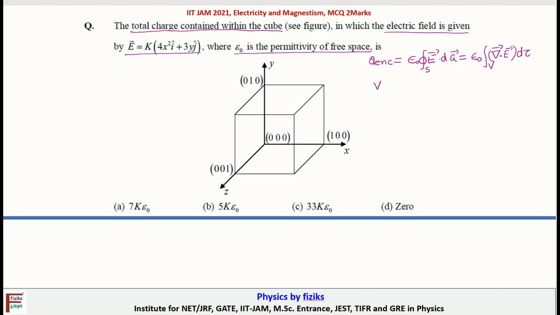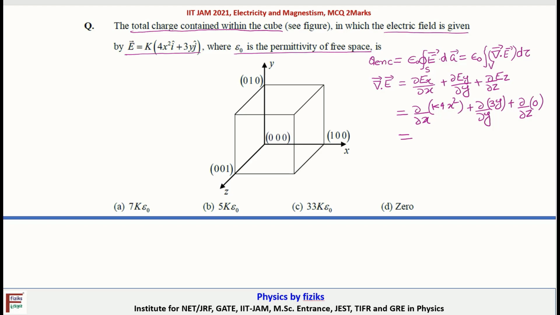Now divergence of E can be calculated in Cartesian coordinates as del Ex by del x plus del Ey by del y plus del Ez by del z. Now the x component is given by k into 4x squared, the y component is 3 into y, and the z component is 0.